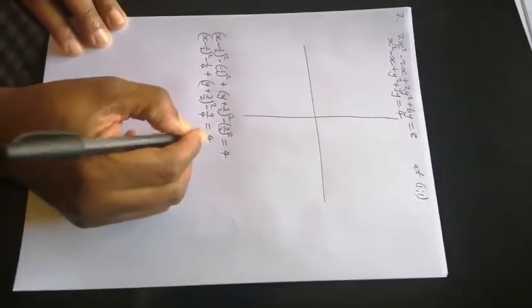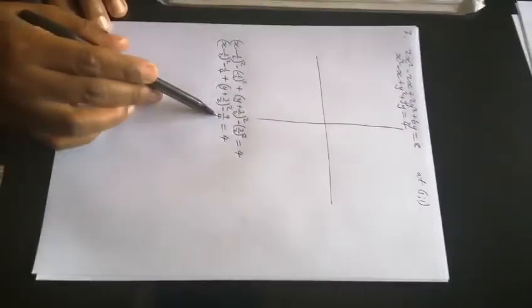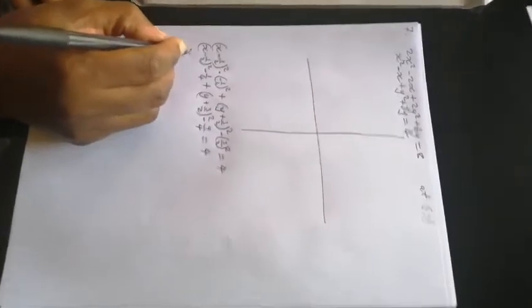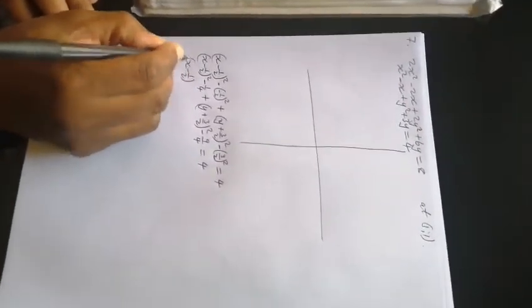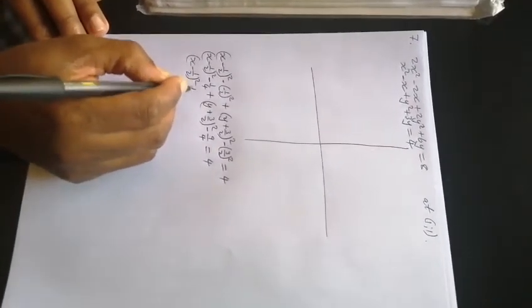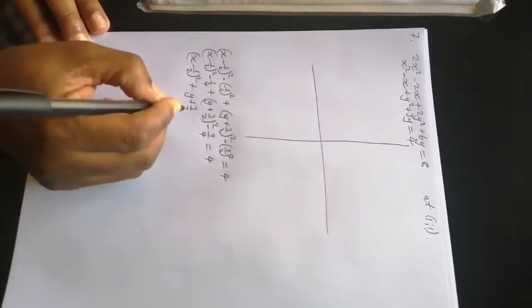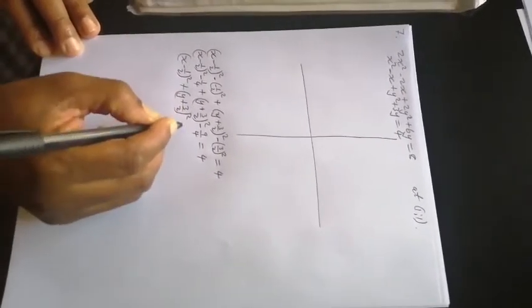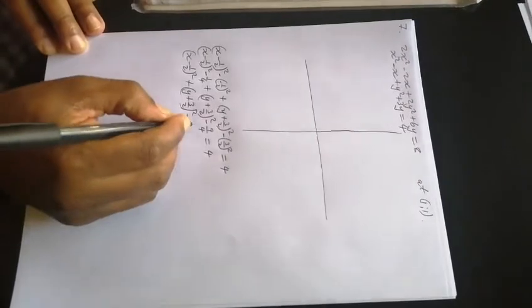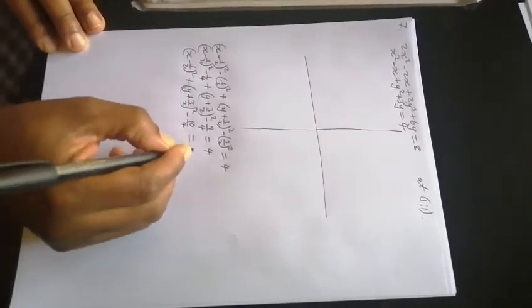This is equal to 4. At this point, we want to combine this and that. We shall have x minus half, squared, plus y plus 3 over 2, squared, minus 10 over 4 is equal to 4.